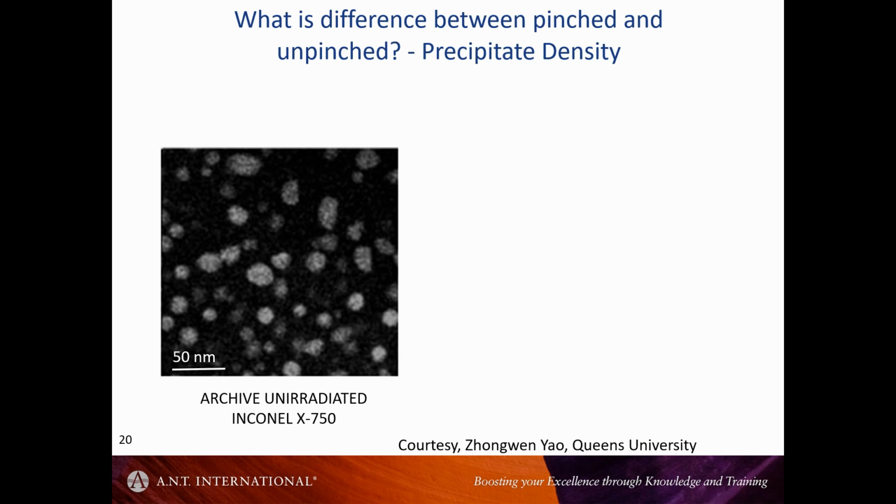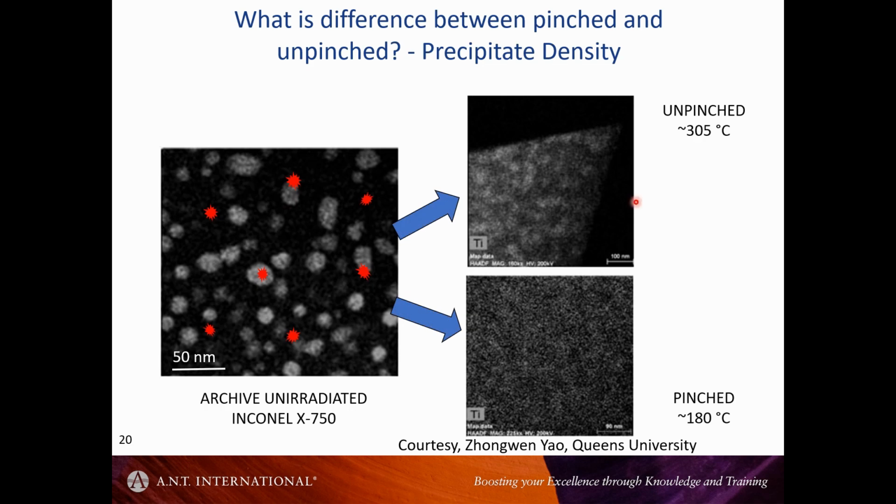So why do we have this temperature difference? There's a dose dependence, you get the softening, but you get more softening at lower temperatures. And the reason is, if we look at gamma prime and then we irradiate it, we come in and we're disturbing the lattice and we're dissolving these precipitates as we irradiate more.